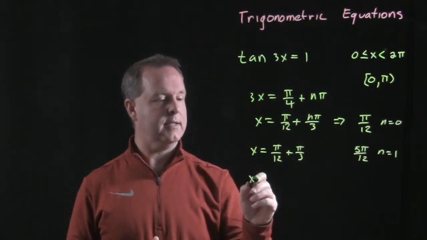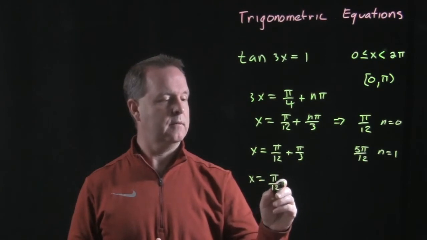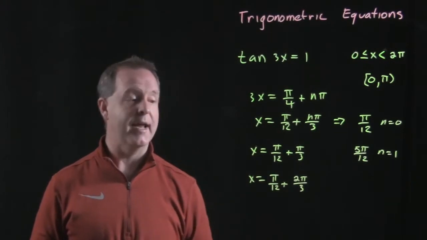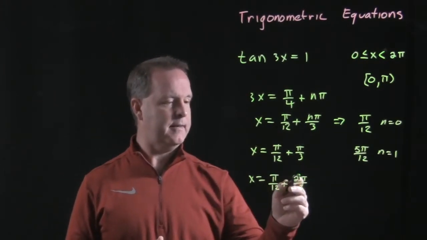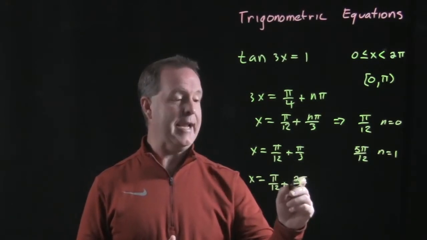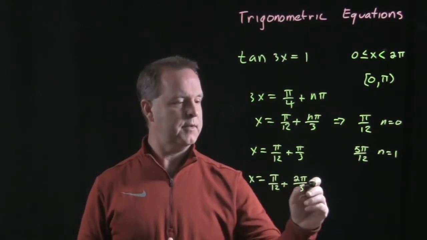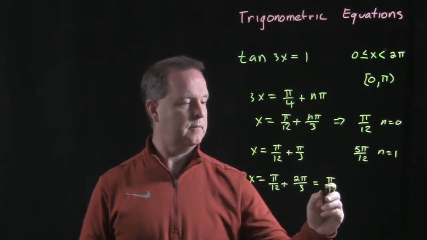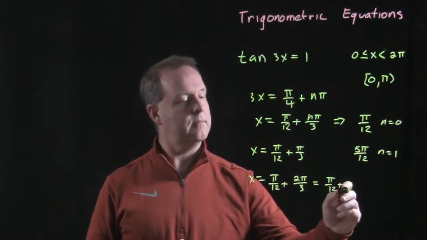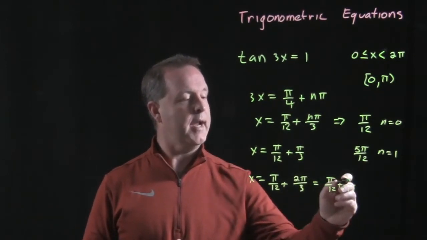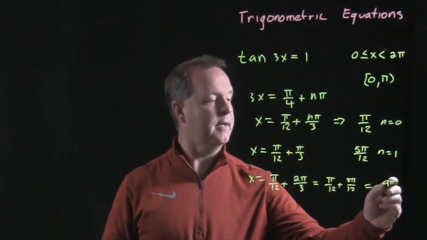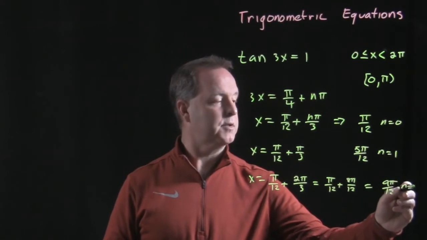Let's shoot for x equals pi twelfths plus 2 pi over 3. That's our next integer value. With common denominators, 2 pi thirds becomes 8 pi twelfths. So this is the same thing as pi twelfths plus 8 pi twelfths, and that produces 9 pi twelfths at n equals 2.